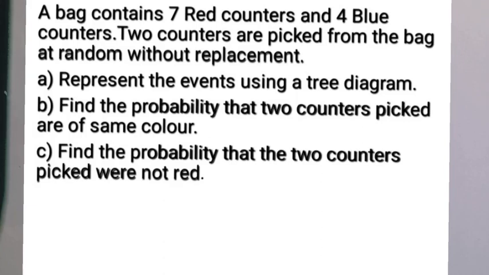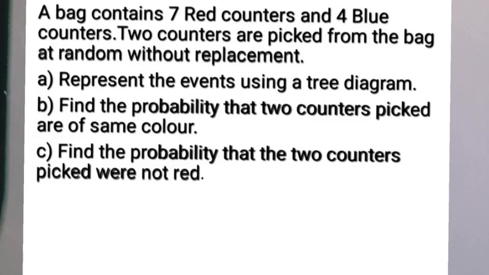The first part of the question is, represent the events using a tree diagram. The second is, find the probability that the 2 counters picked are of the same color. And part 3 of the question is, find the probability that the 2 counters picked were not red.